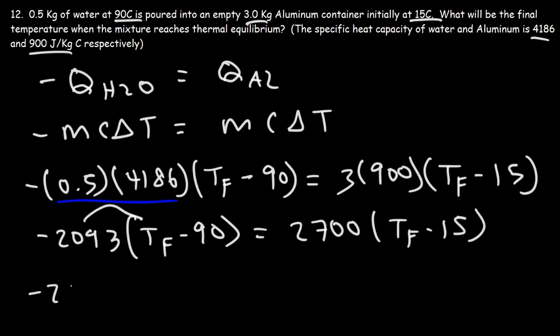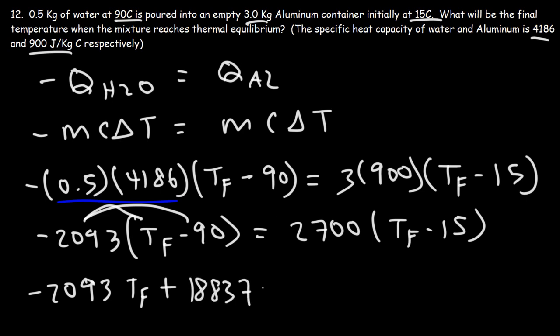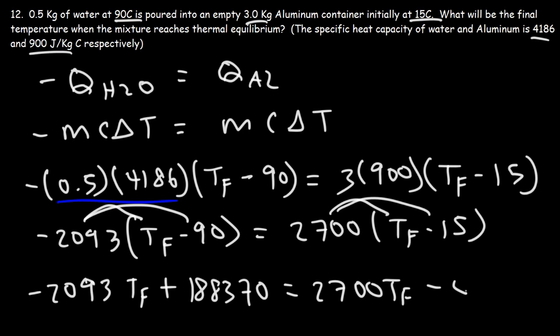So we're going to have negative 2093 TF, and then negative 2093 times negative 90, that's going to be positive 188,370. And that's going to equal 2700 TF, and then minus 2700 times 15, so that's 40,500.